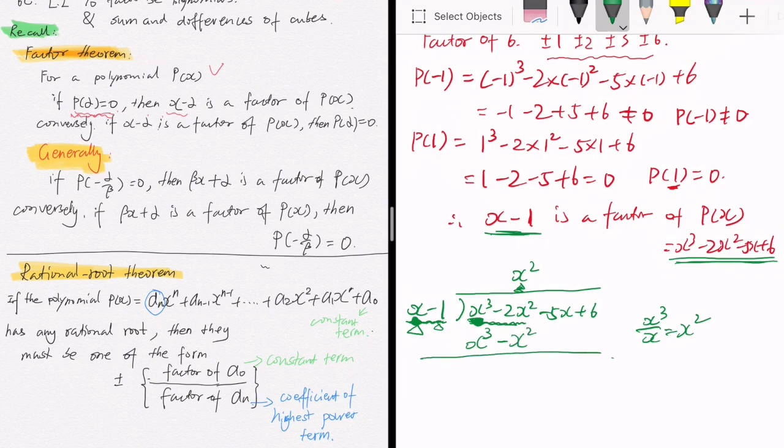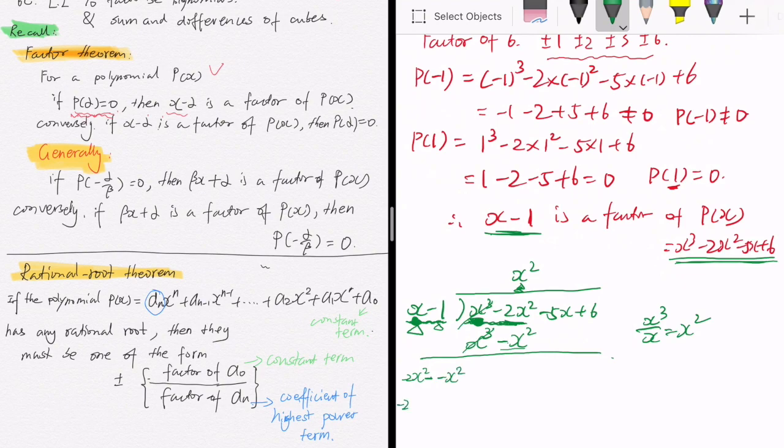Then we do subtraction: x cubed minus x cubed cancels out. Then I'm going to use negative 2x squared minus negative x squared.